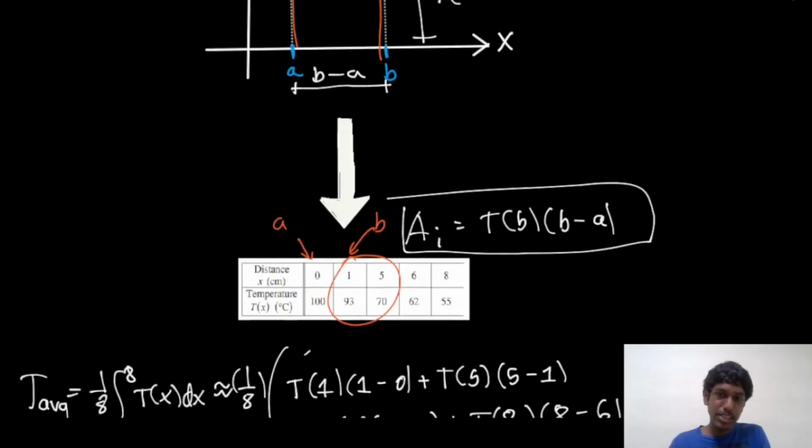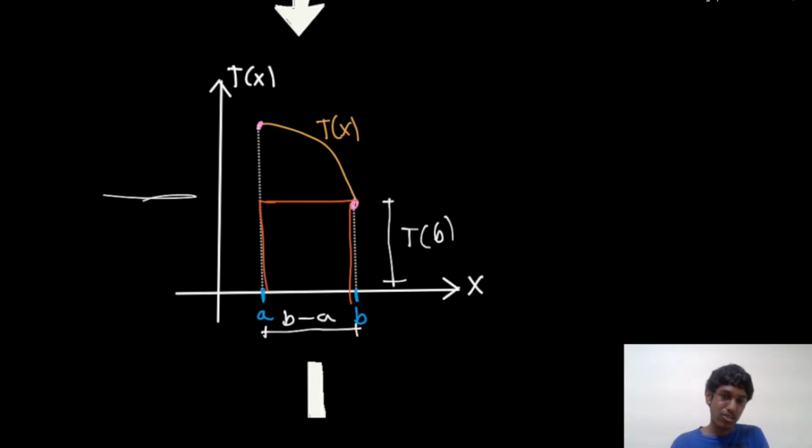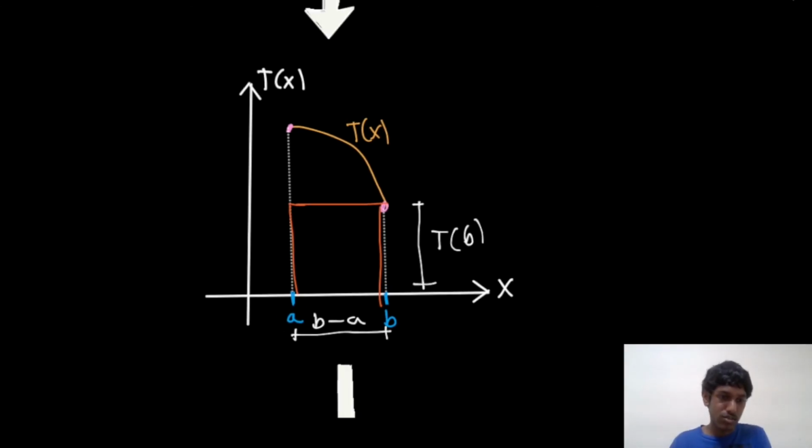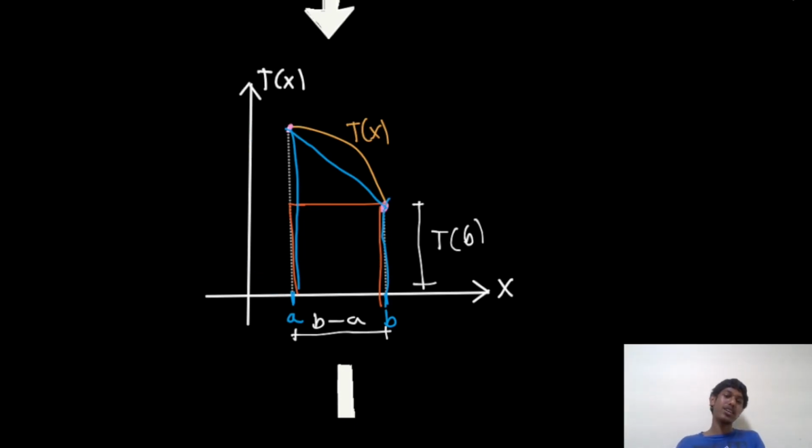And the answer will be that this approximation should be less than our other approximation, right? If we sort of superimpose the trapezoidal approximation on top of this one, you can clearly see that the trapezoidal approximation will definitely give us a bigger area for this case, right? And this might not be true in general.